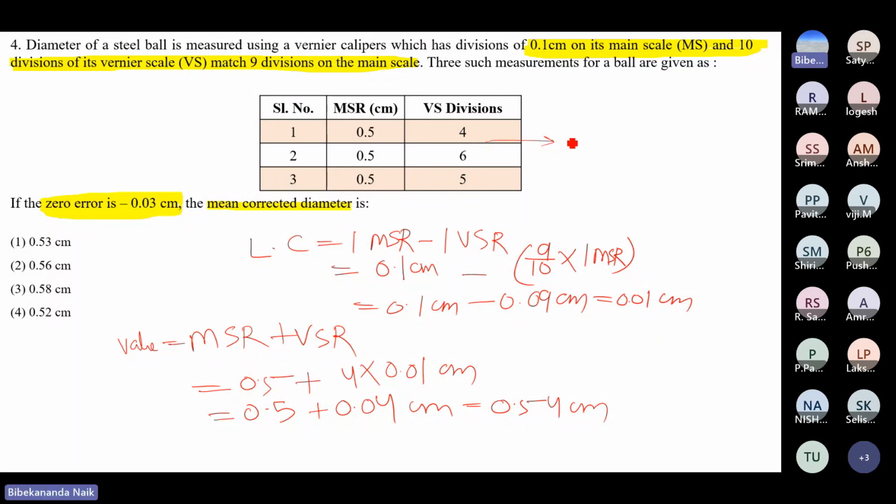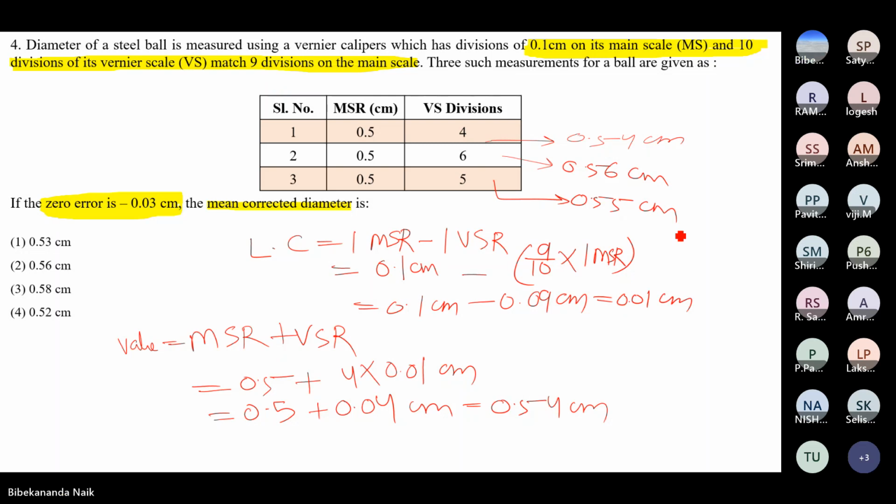So in the first measurement, the measured value will be 0.54 centimeter. Similarly, in the second measurement, since the vernier scale division is 6, it will be 0.56 centimeter. And in case of the third measurement, it will be 0.55 centimeter.